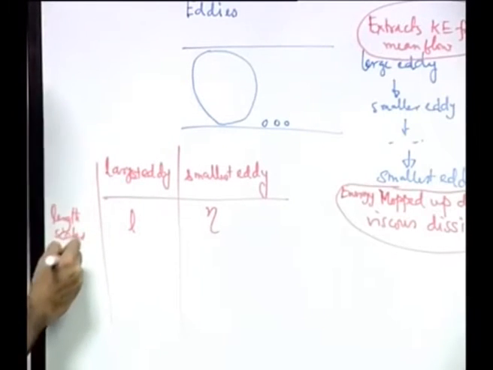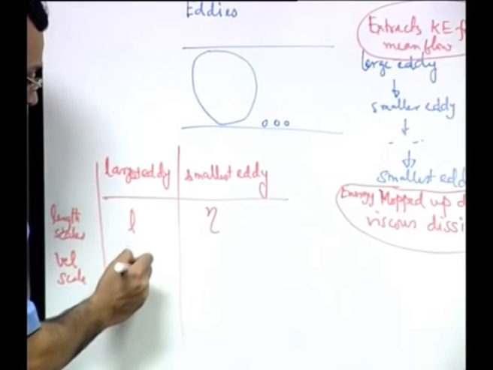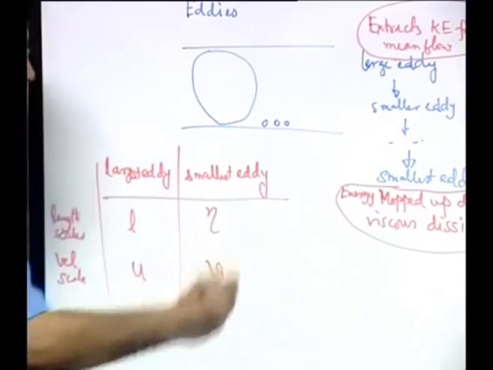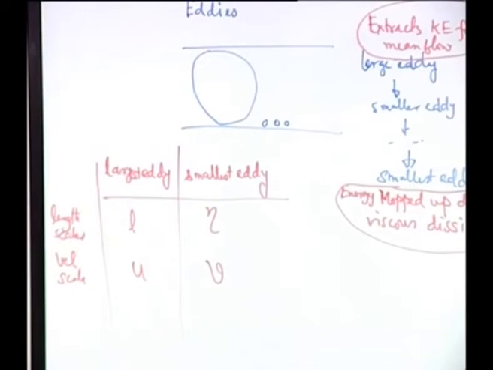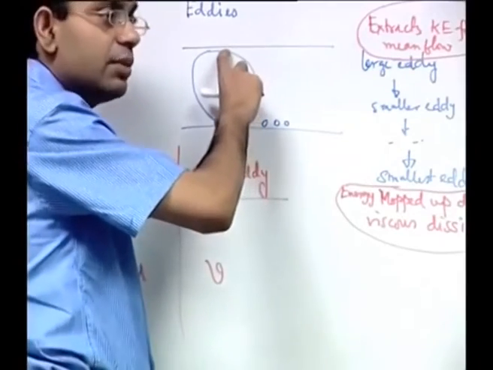The large eddy velocity scale is U and the small eddy velocity scale is V. If we know the length scale and velocity scale, using these two we can formulate the time scale. Now, what is the length scale of the large eddy? It is of the order of the system length scale.